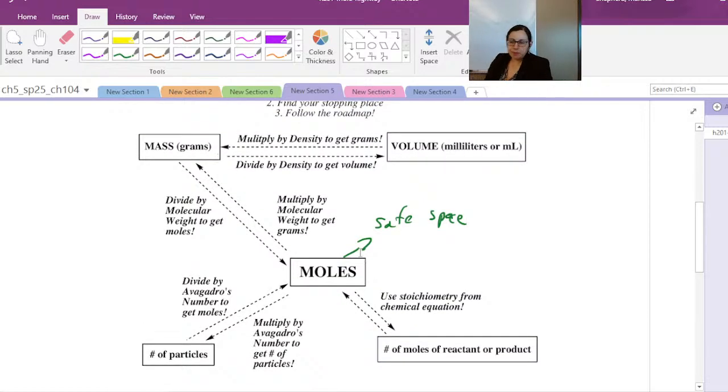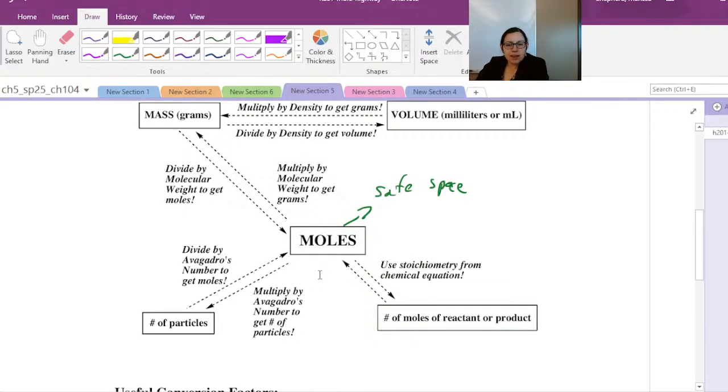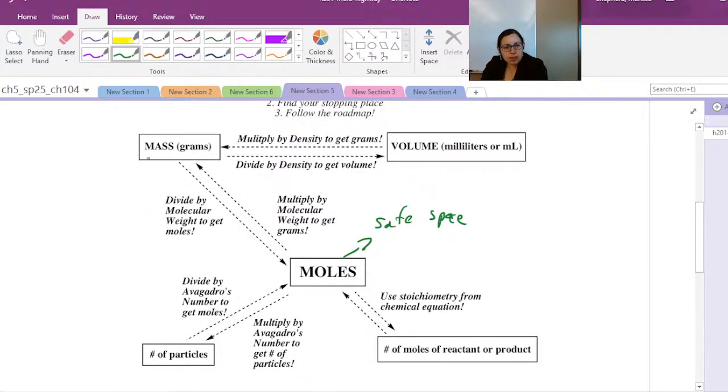And we'll do some more problems and see some of these other scenarios probably Wednesday if we don't get to them. Of course you can use your dimensional analysis, but this is a good sanity check. We'll be doing a lot of mass to moles or vice versa.